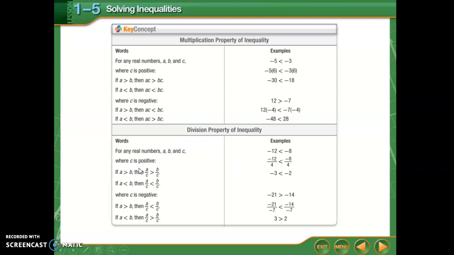If c is positive and you divide a and b by c, a over c is greater than b over c if a is greater than b. If a is less than b and you divide by c, it must be less than b over c. However, if c is negative, it will switch the inequality sign. So remember, if you multiply or divide an inequality by a negative number, make sure you switch the sign.